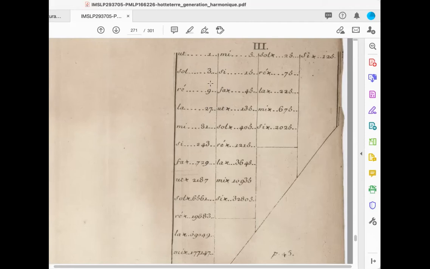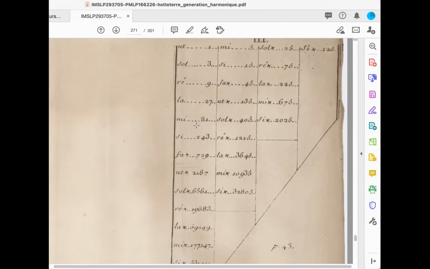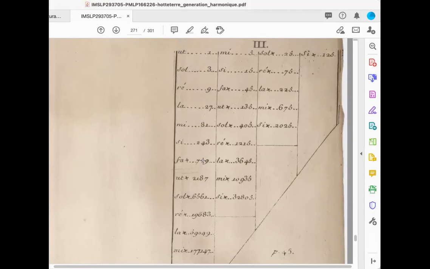But Rameau uses this table to establish that fifths are more fundamental than the others because they contain the others, right? And the other reason to give is that the fifth proceeds out of the string or the fundamental sound before the third does.